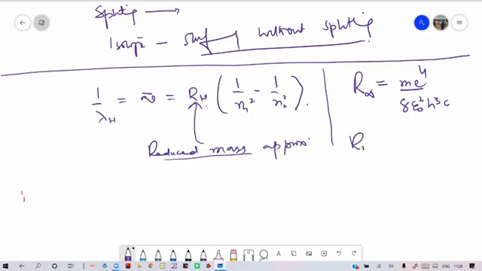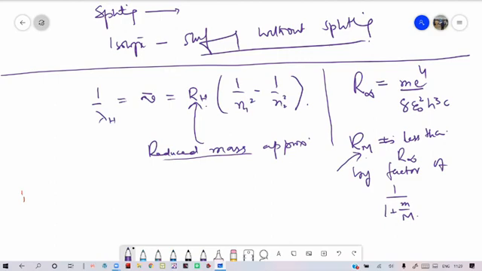And if you take it for a normal nuclear mass, R_m, where m is the mass of the nucleus, this R_m is less than R infinity, for infinitely heavy nuclear mass, by a factor of 1 over 1 plus m by M. It means that this Rydberg constant for any nucleus or atom having mass m is different, because this mass is involved.